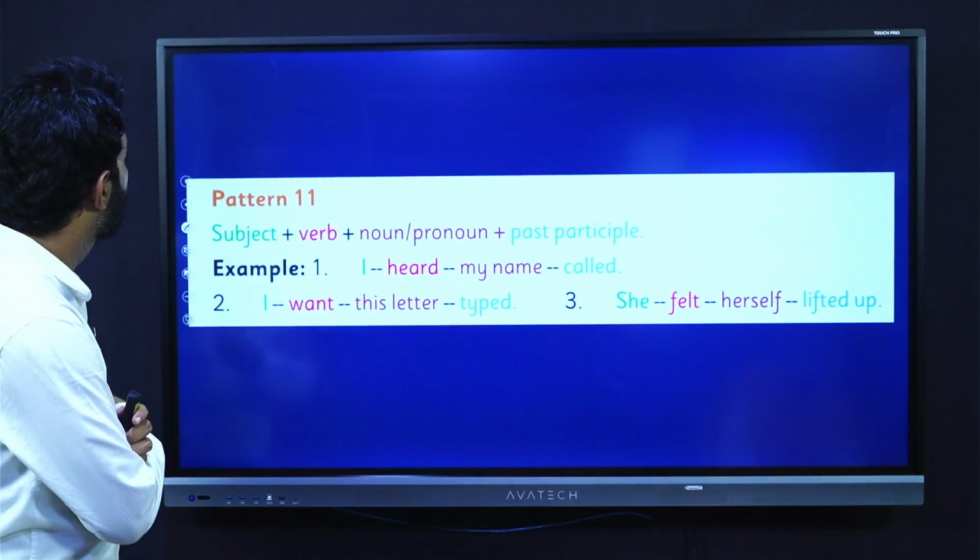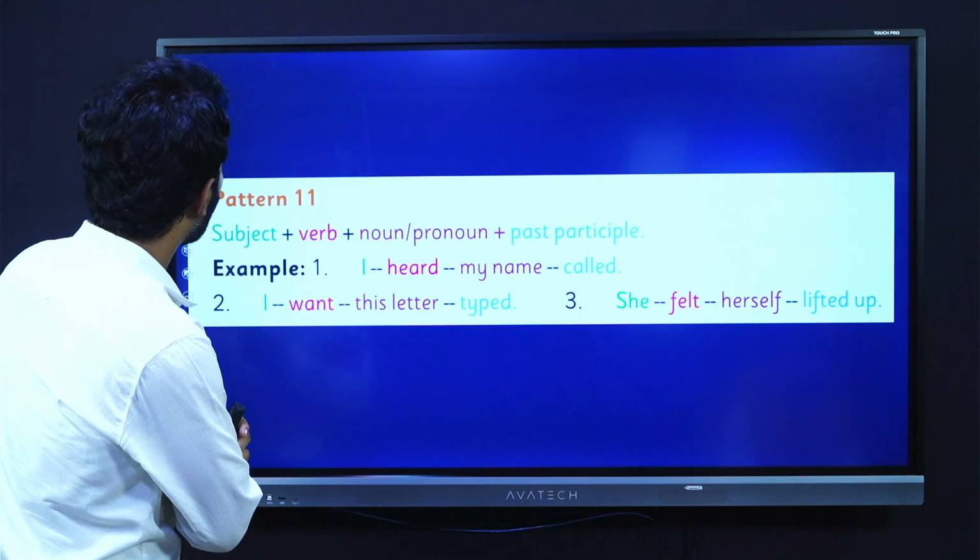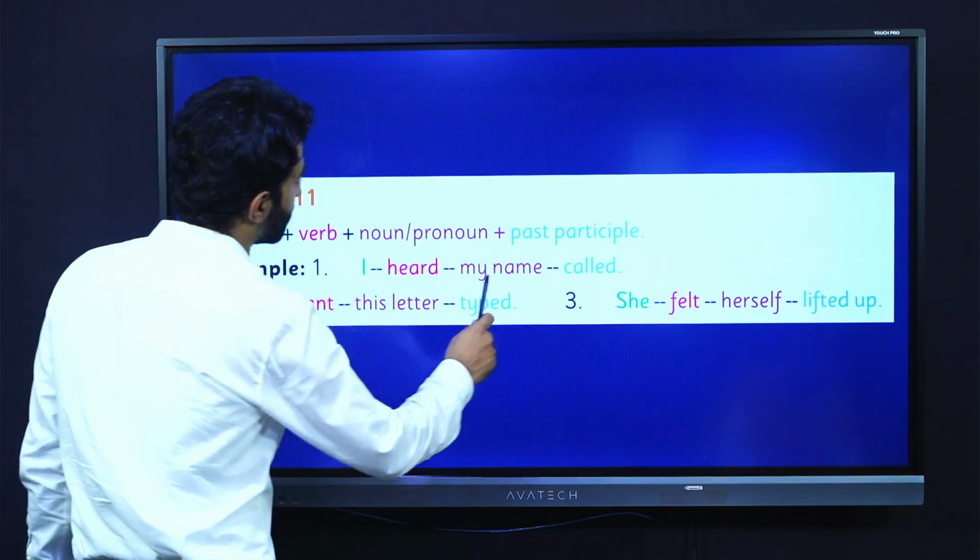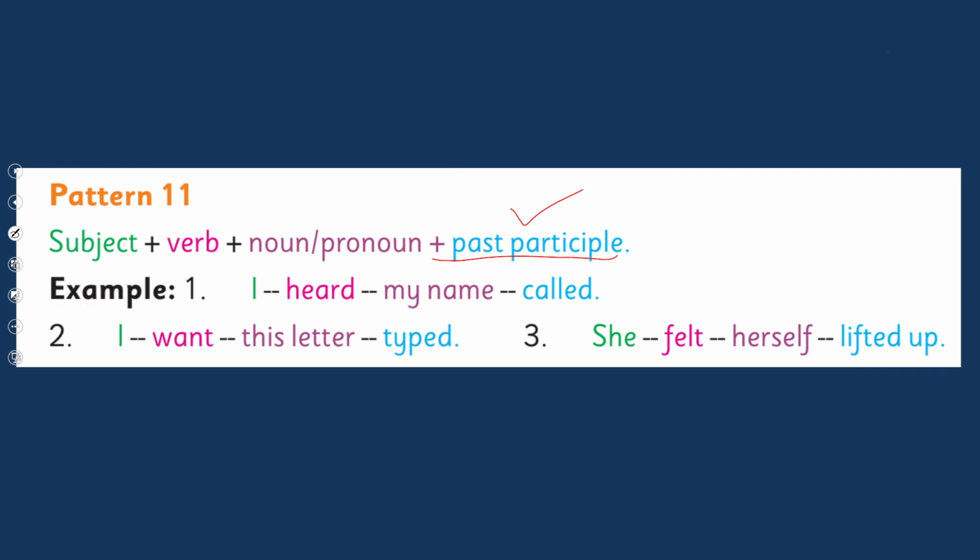Pattern 11. Now what we are supposed to do is add a past participle. And we know that in a past participle, after the verb comes either ed or en. By looking at that, you can say that this is a past participle form of the verb. So I is the subject. Heard: the verb is hear, but we put it in the past form, heard.